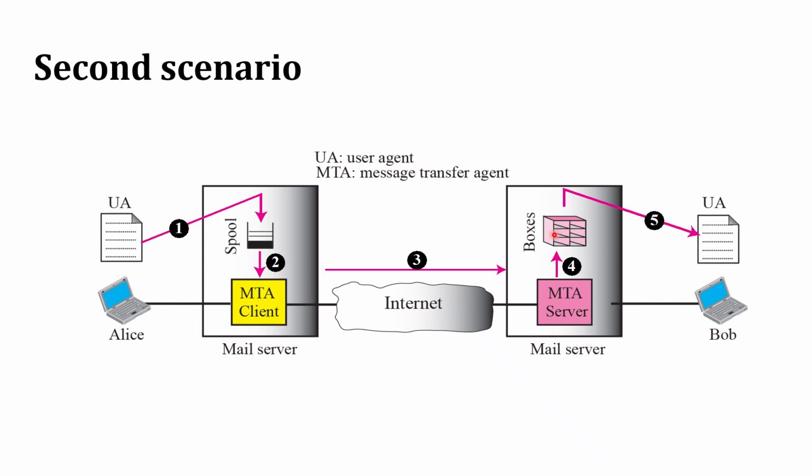In the second scenario, the sender and the receiver of the email are on two different mail servers, requiring the message to be transmitted over the internet. Here we need both user agents and message transfer agents to handle communication.